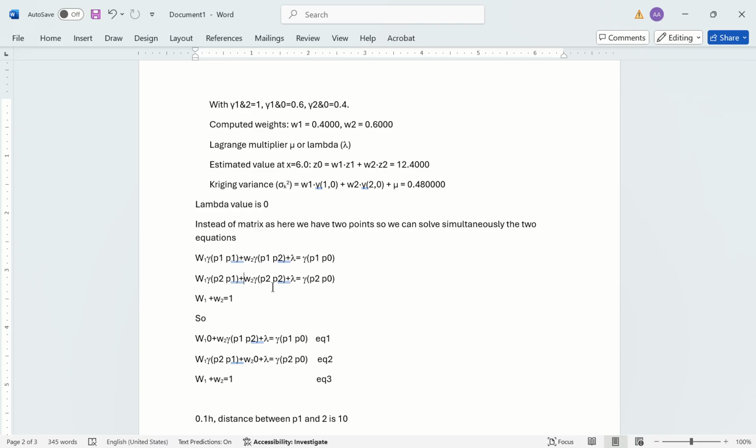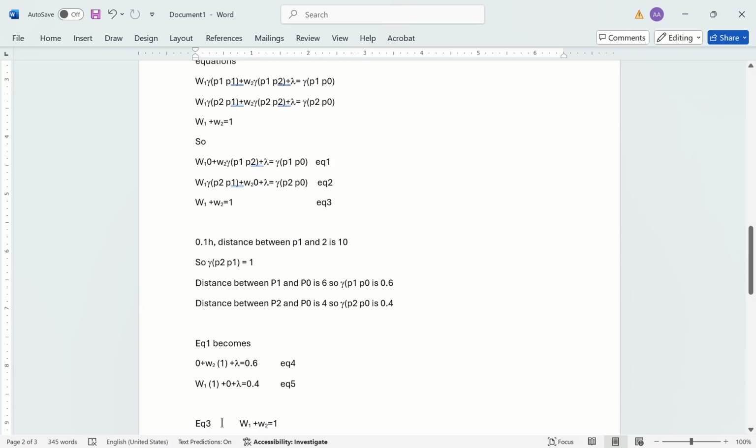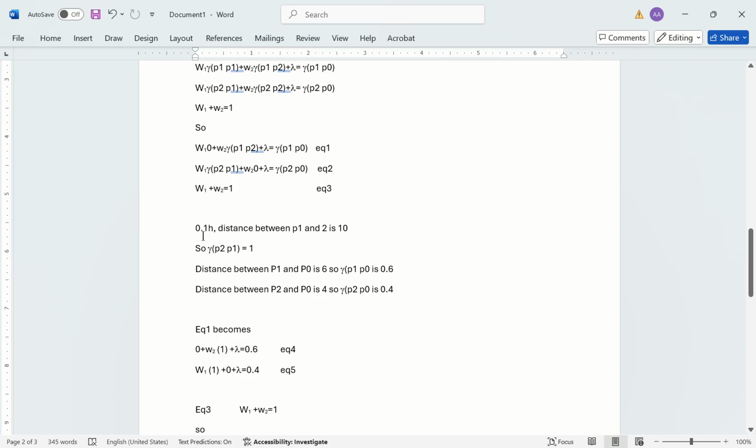The variance between a point and itself will be 0 for point 3, point 4, if we had multiple points. You know, what I am trying to do is that you get the basic concept of how we do it. Then W1 plus W2 equals 1.